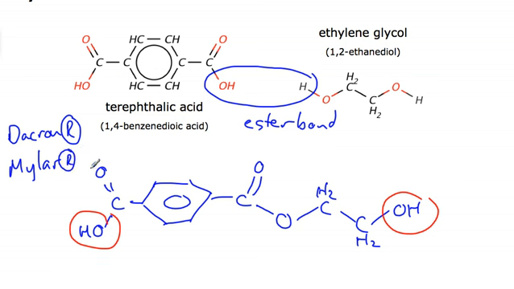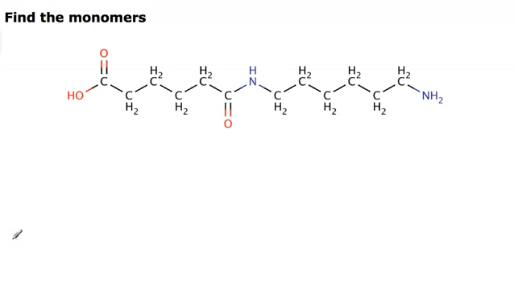And Mylar can be formed into very thin sheets, and so it's a common component of plastic film for bags, and also for the types of tape you see in magnetic tape strips and things like that. So those are a couple of examples of condensation polymerization.